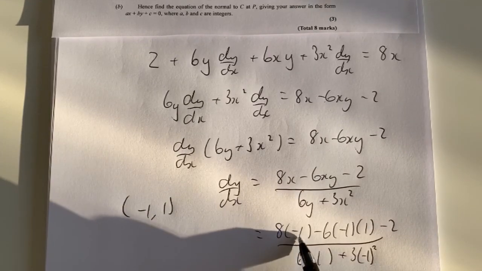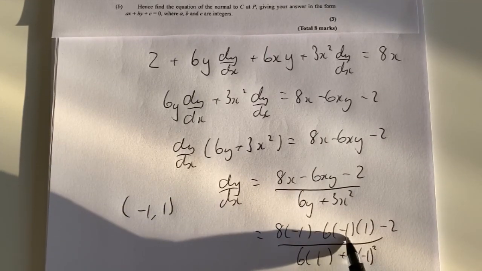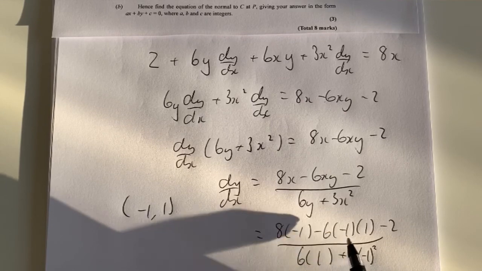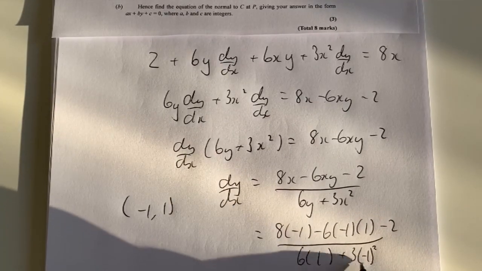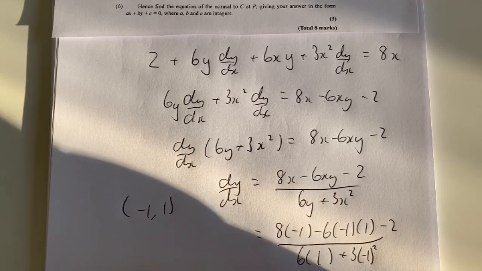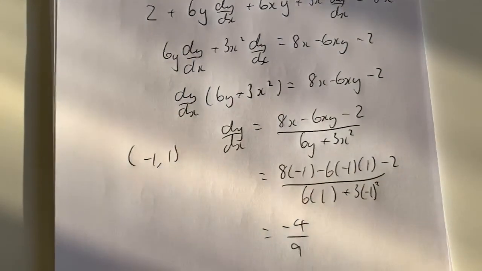So minus 8, add 6, gets you minus 2, take 2 is minus 4. 6, add 3, gets you 9, so the gradient is minus 4/9.